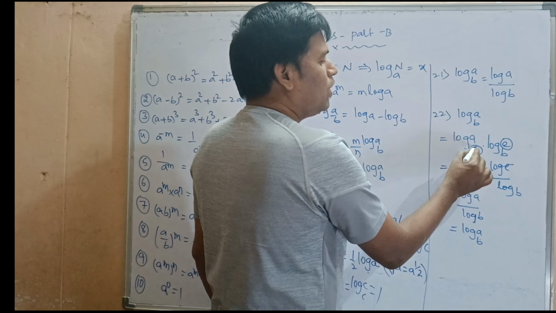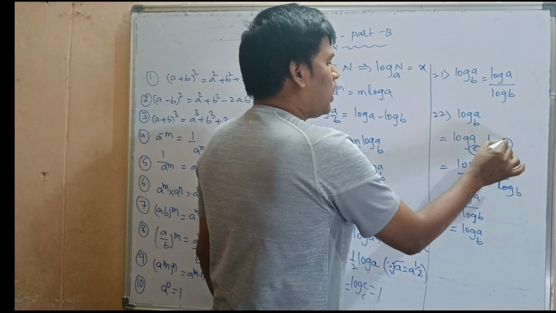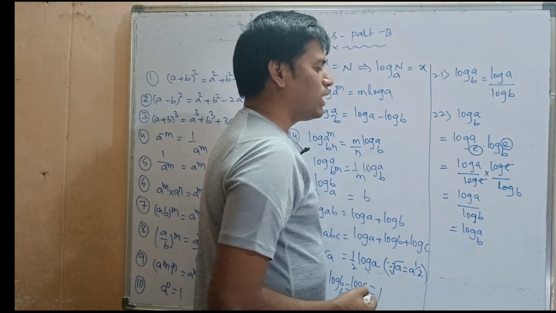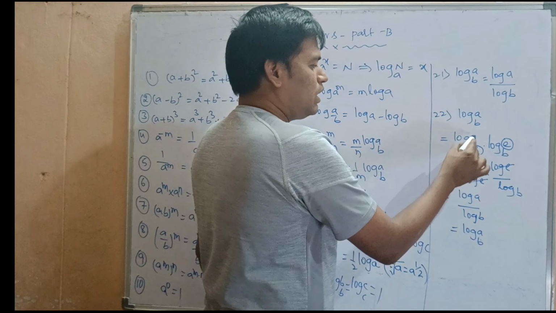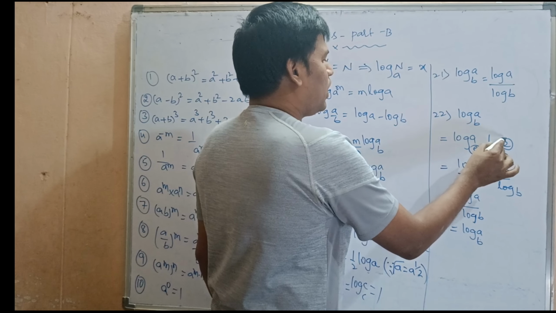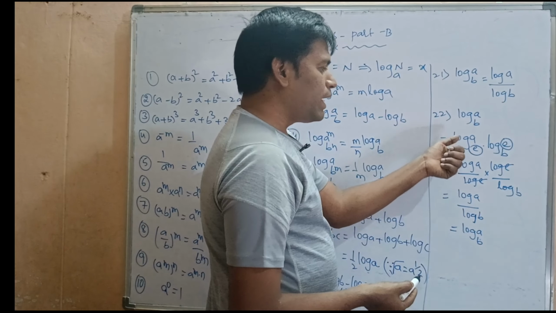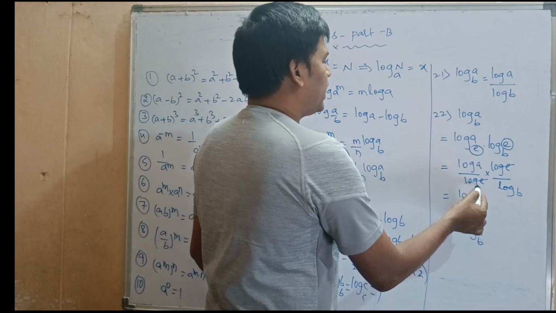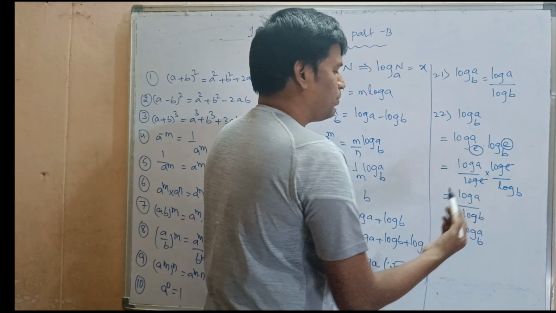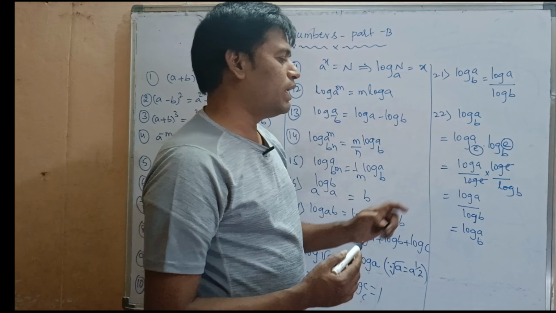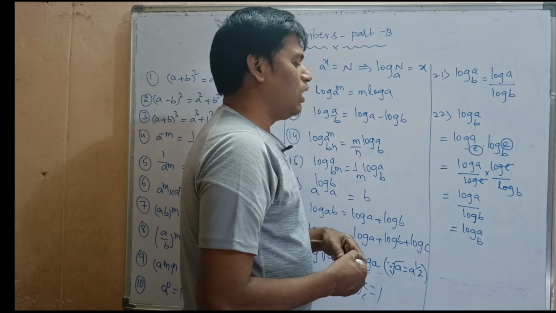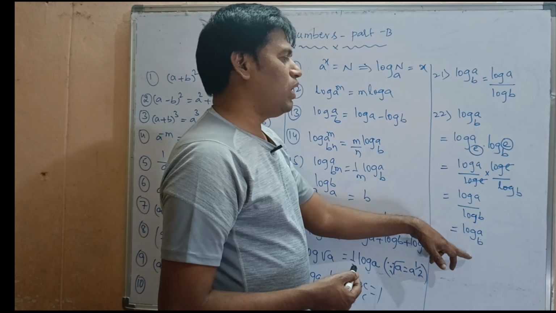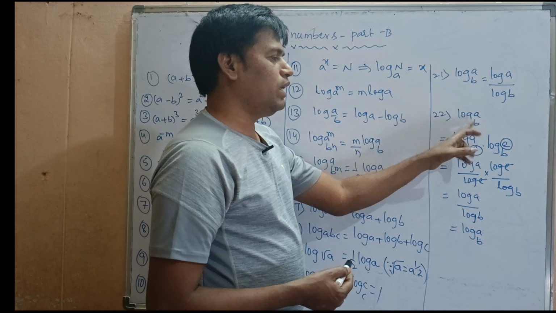For example, log a base 2, log 2 base b. Or you can write this formula as log a by log e into log e by log b. This log e gets cancelled, then you will get log a by log b. This value again you write as log a base b.